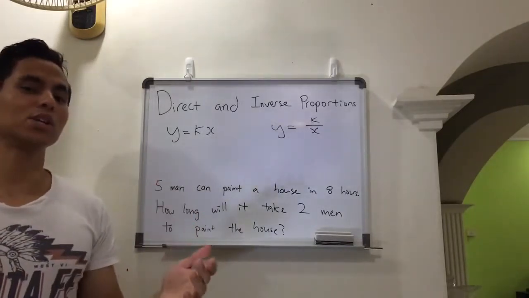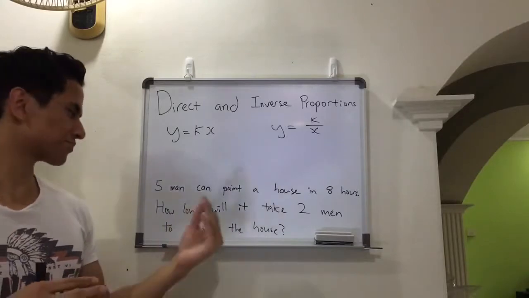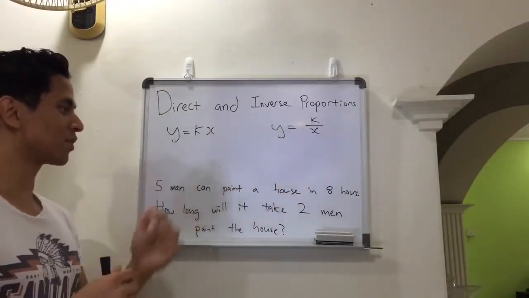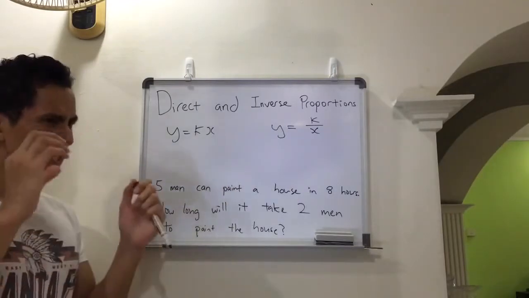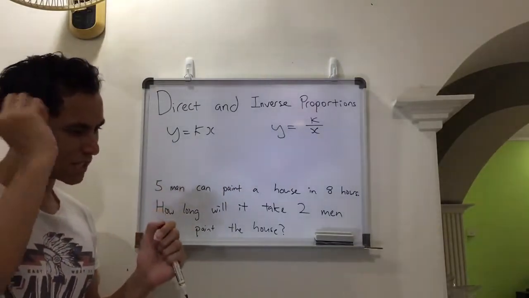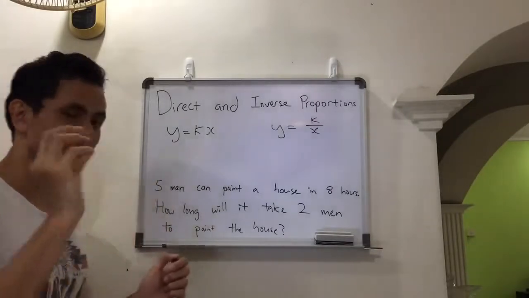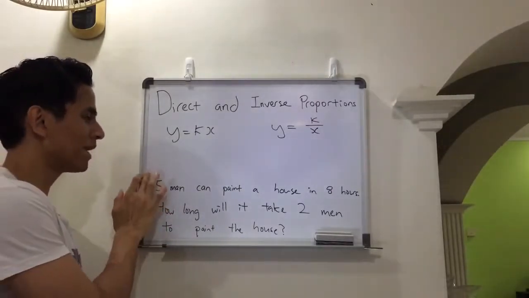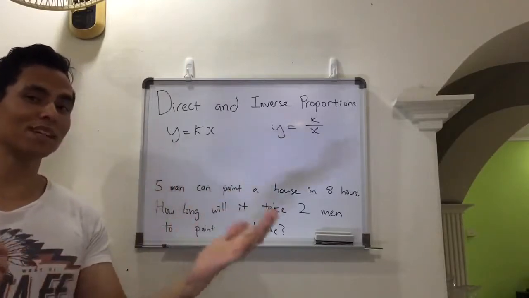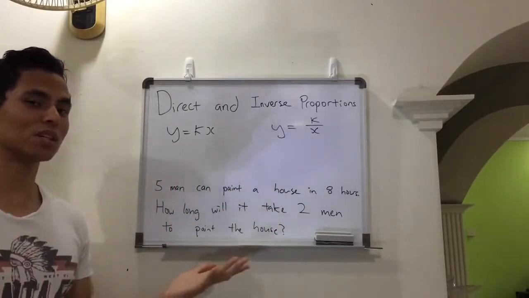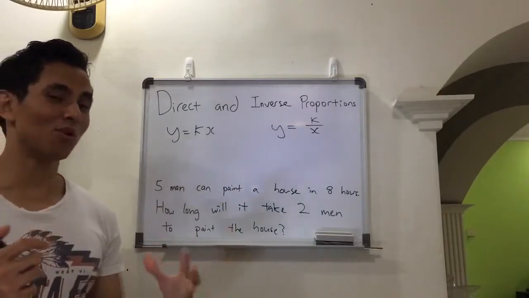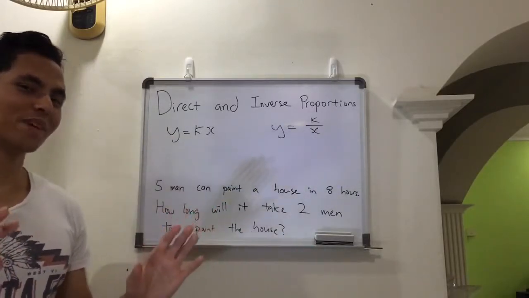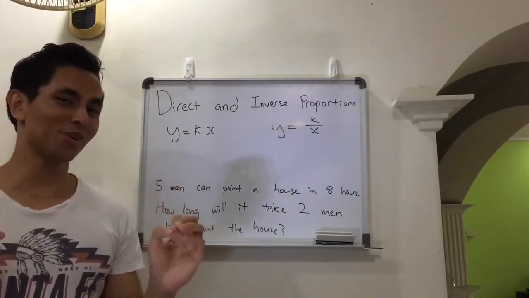So, okay, you have thought about it. How do you actually identify whether it's inverse proportion or direct proportion? If you think about it, let's say you tweaked the number of men. Think about it logically. If I said there were more men painting a house, would it go by faster or slower? Logically, if more men were painting a house, the house would be painted faster, assuming all of the men are doing some work, right?